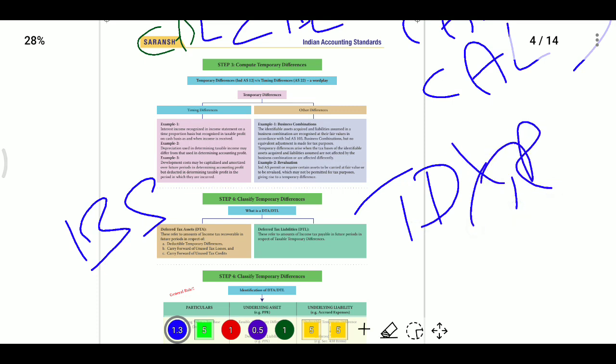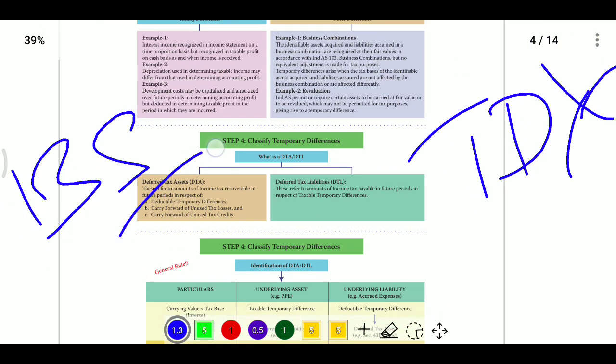Now the amount of DTA or DTL to be recognized in the profit and loss account or OCI in the current year. So we can transfer it to OCI also. Now the closing balance of DTA or DTL is calculated based on whatever opening balance we have; the opening DTA we need to check.